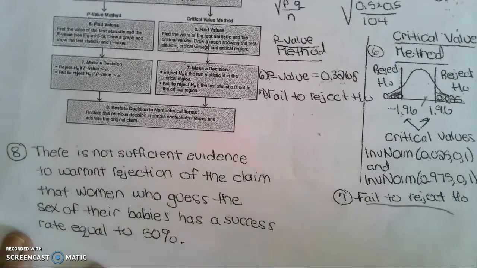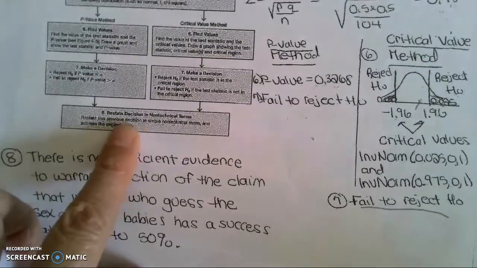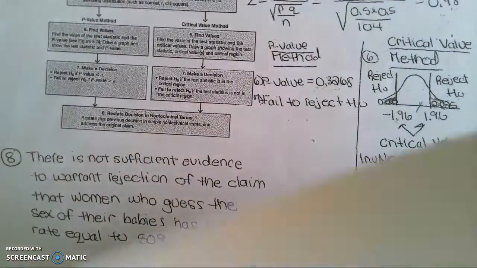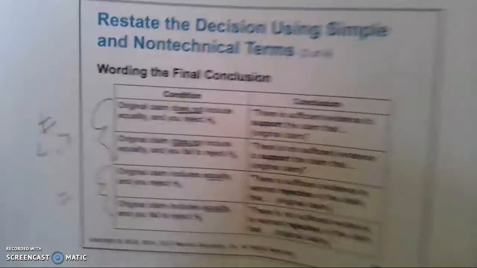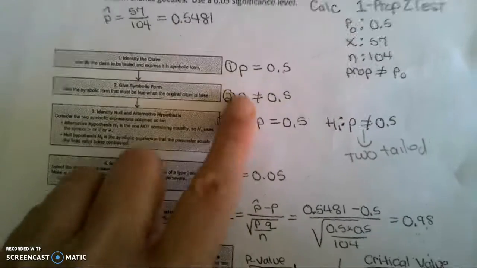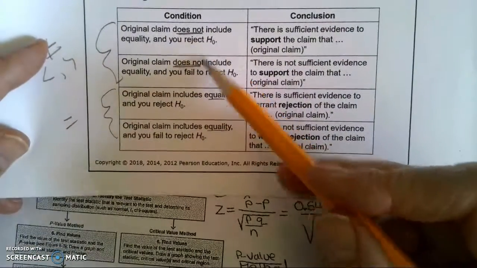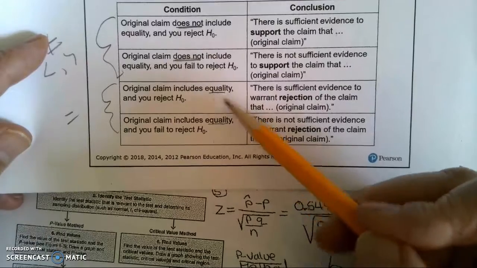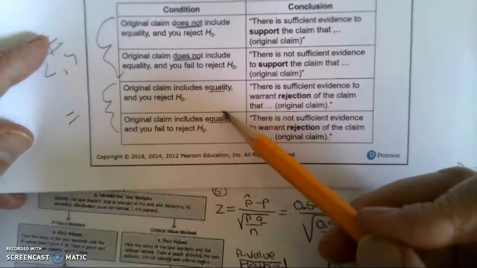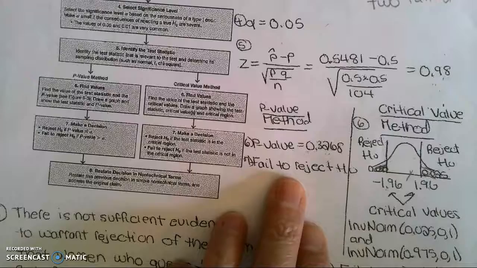Okay, so now let's go back to the last step. How do we write this in non-technical terms? We're going to use this to help us this time. It starts off with, does the claim have an equal sign? Okay, that would be here. These have the equal sign. So I want to use one of these. Did we reject? No, we failed to reject.